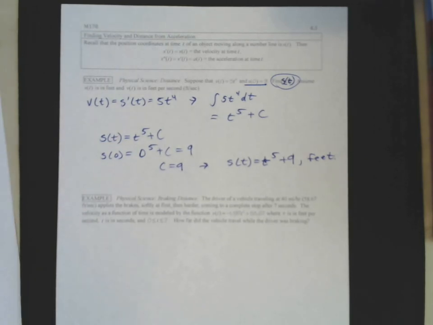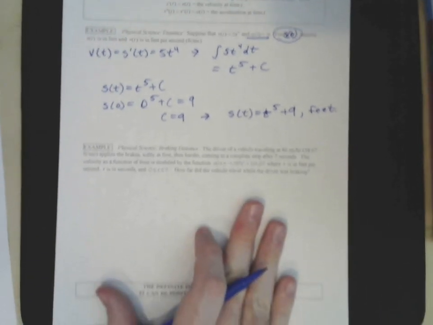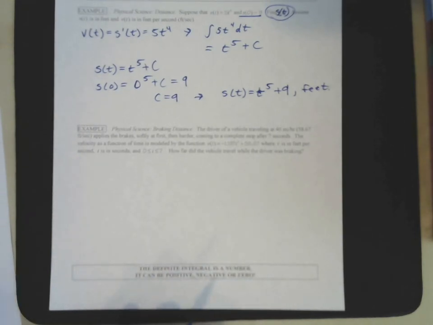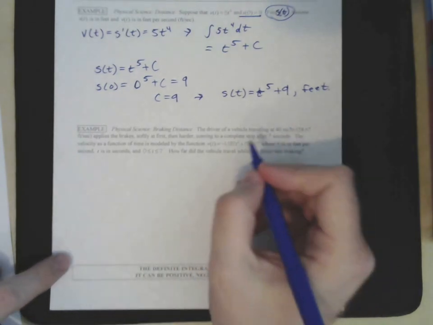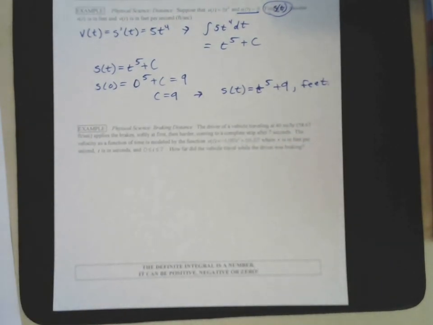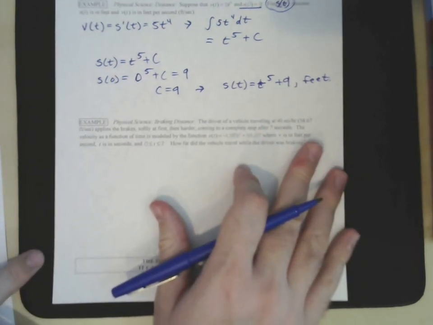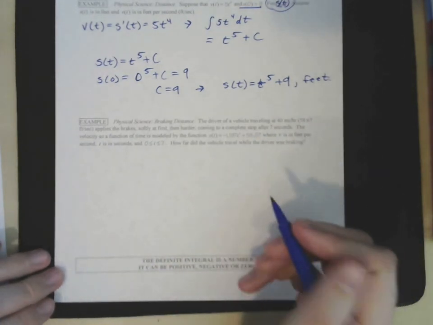Right. Another similar one down here. Driver of a vehicle at 40 miles per hour, 58.67 feet per second, brakes softly at first, then harder, coming to a stop after 7 seconds. Our velocity function is modeled by negative 1.197 t squared plus 58.67. We want to know how far the vehicle traveled. So now we're not asking for what the position was, we're asking for a value, right?